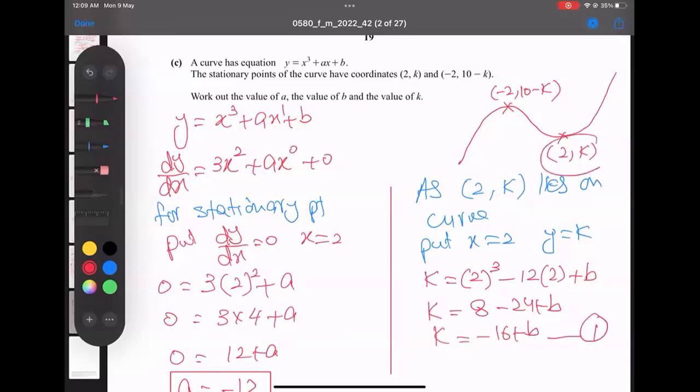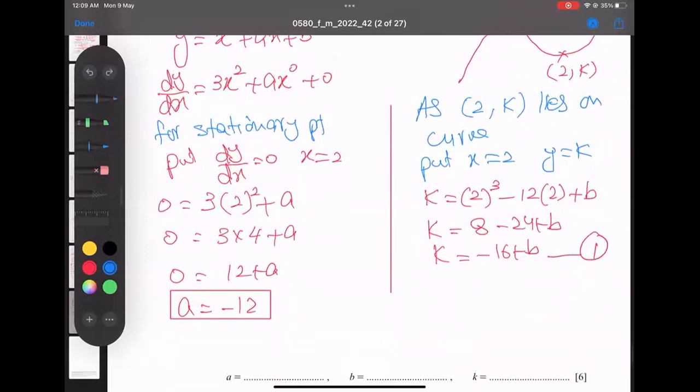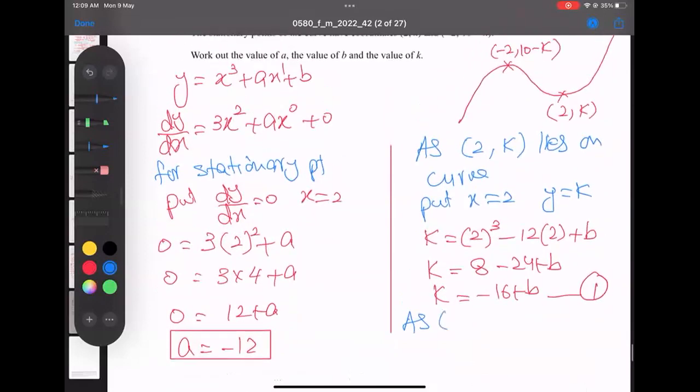So first I put this one in the equation. Now I'm going to put this one in the equation, so I will get another equation, and then I will solve them simultaneously. I'm writing as the second point, it is (-2, 10 minus k) lies on curve. So simply I'm saving my time.